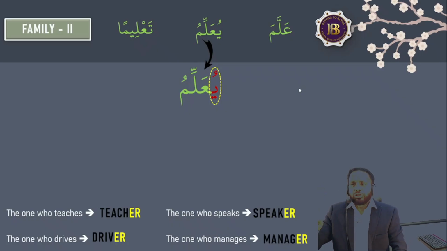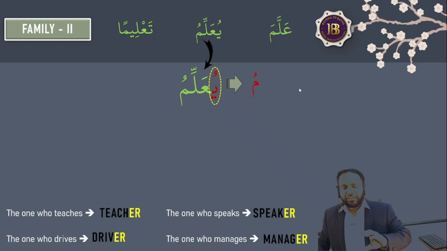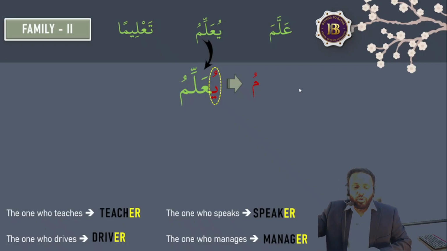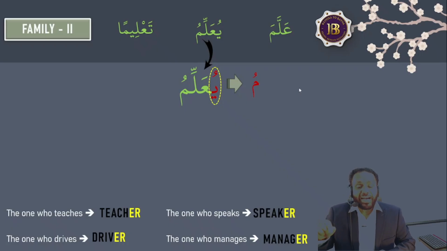Now, in Arabic also, when you take the present tense, now we are talking about big families, okay? So keep in mind in the background. For the big families, when you take the present tense and you replace the beginning you or beginning ya, whatever it is, sometimes ya comes, sometimes you comes, if you replace this with a mu, I repeat, in the big families, when you take the present tense and replace the beginning you or ya, whatever it is, with mu, you will get the doer of that action.